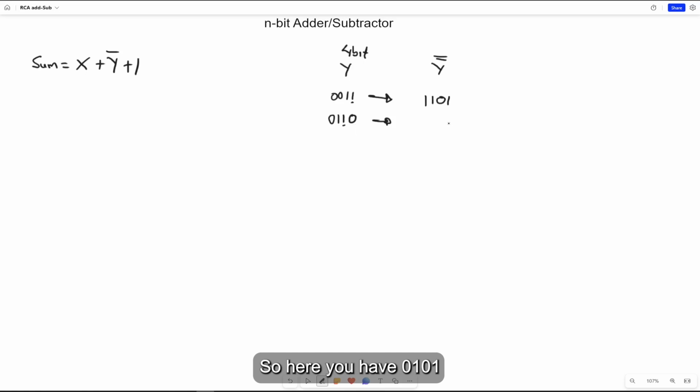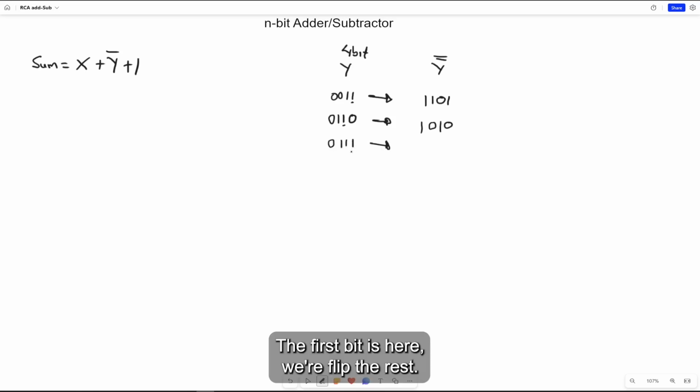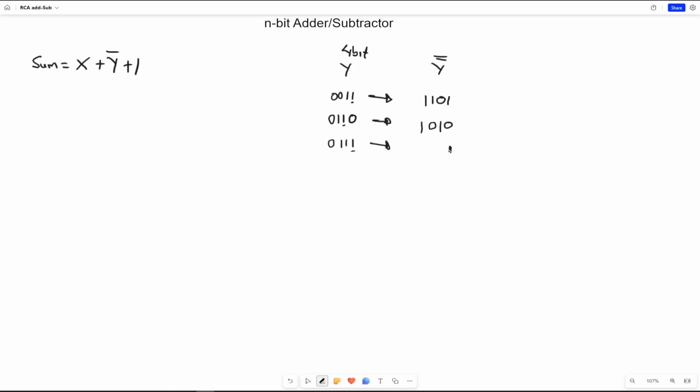So here you have 1 0 1 0. And if you have 7, let's take an example of 7. The first bit is here, we keep 1, we flip the rest, so this is -7.